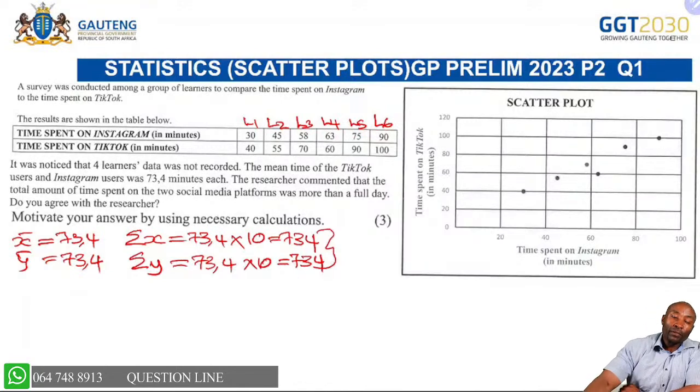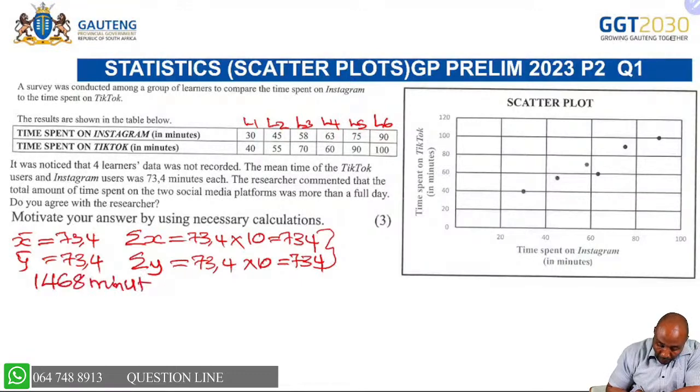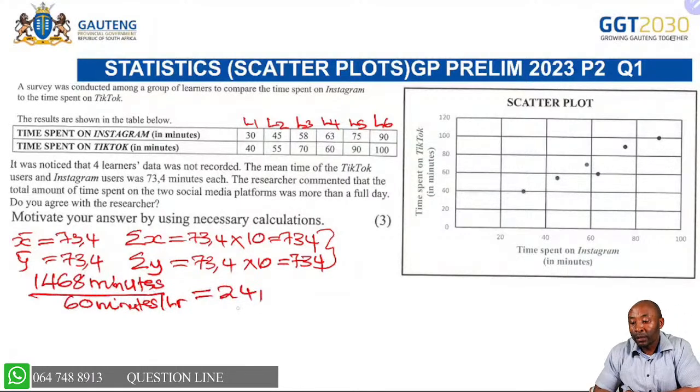A full day is 24 hours, and we are getting an answer of, if we add, we got 1,468. These are minutes. We divide them by the number of minutes. An hour is equivalent to 60 minutes per hour. And this will give us 24.47 hours.